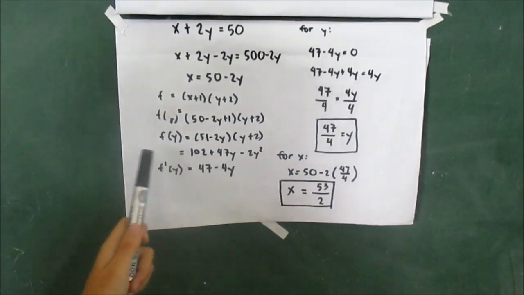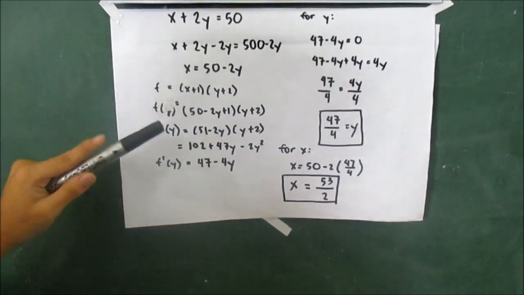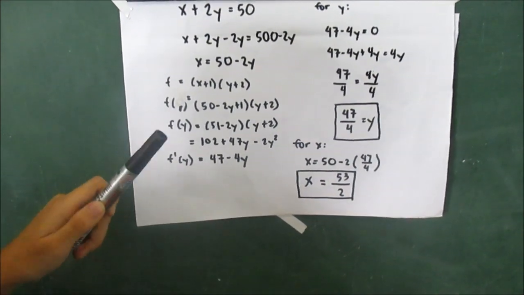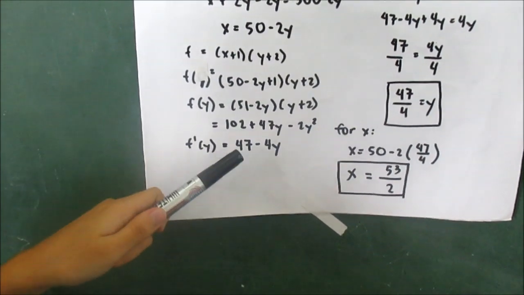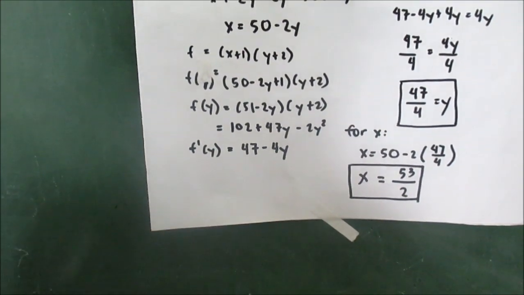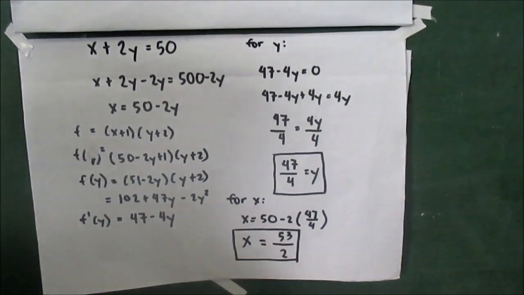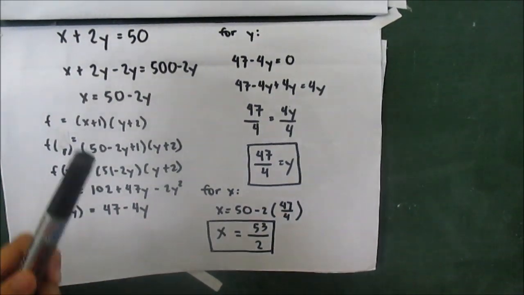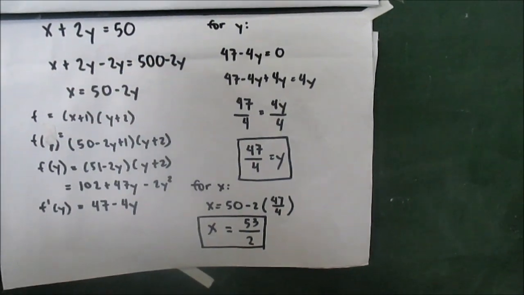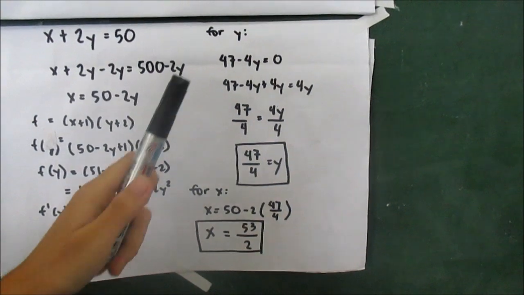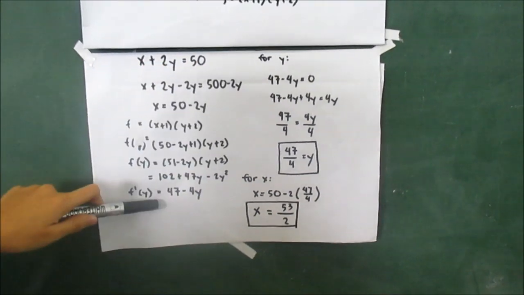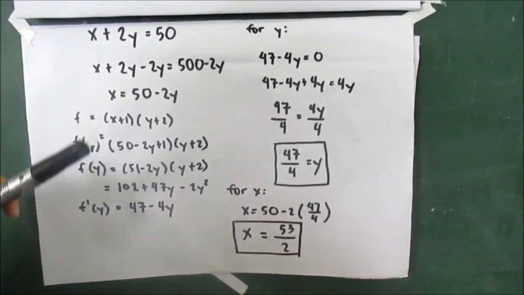Then after that we will take the derivative of this function. And to differentiate, we are left with 47 minus 4y. And now we will solve for the y. To find the y, we will use the equation from our derivative.